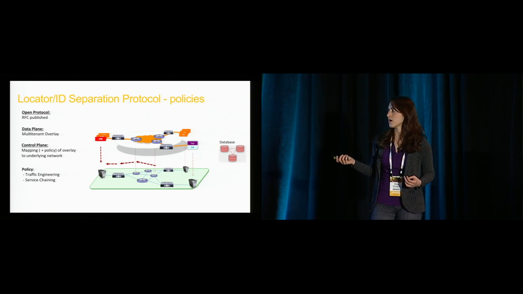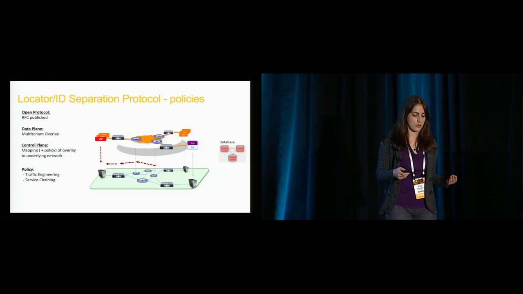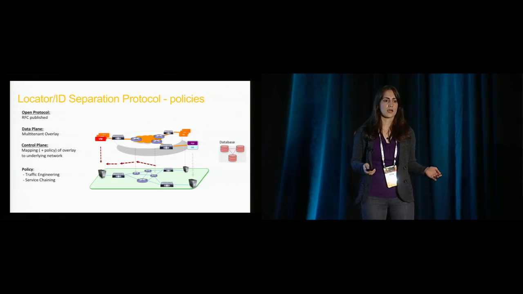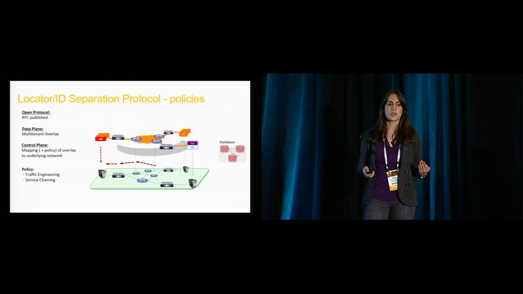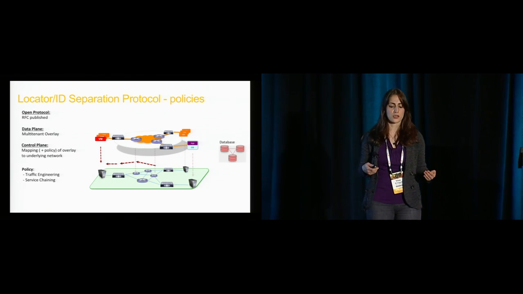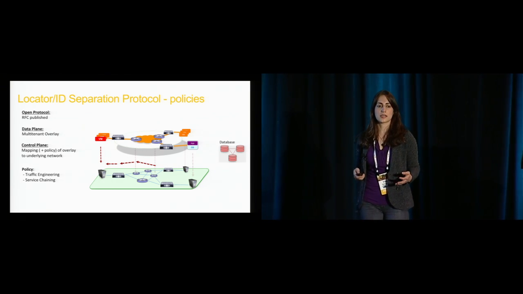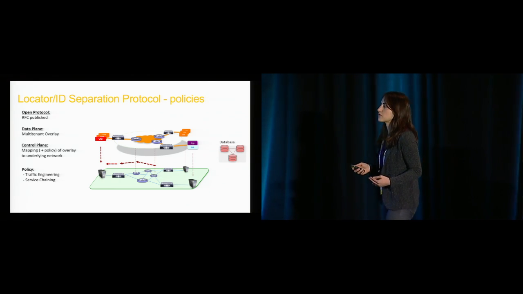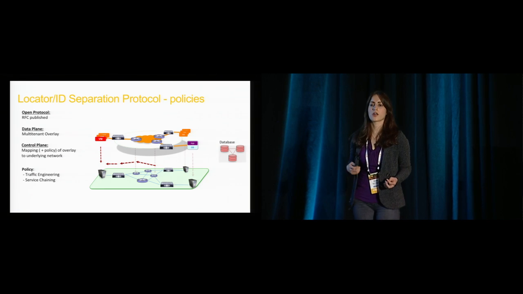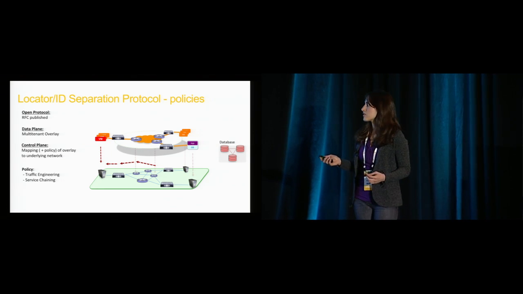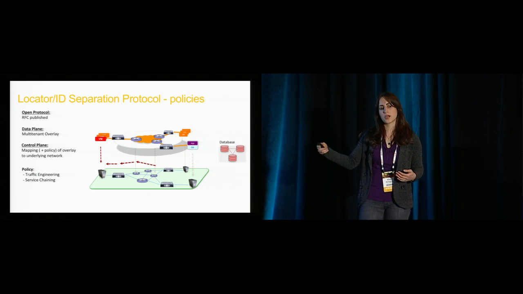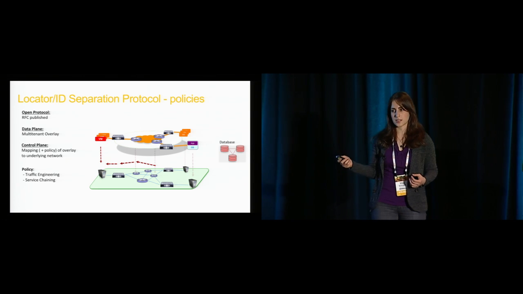Assuming the hops are all Lisp enabled, every hop will get the encapsulated packet, decapsulate it, and look at the inside endpoint destination, the EID. If it doesn't already have it locally, it will fetch from the mapping system the policy to reach that EID. Based on that, it will re-encapsulate and send to the next hop. It will be done this way, hop by hop, until it reaches the destination.